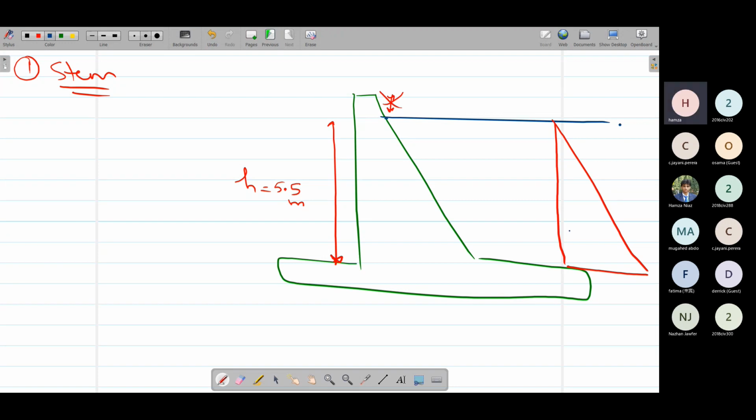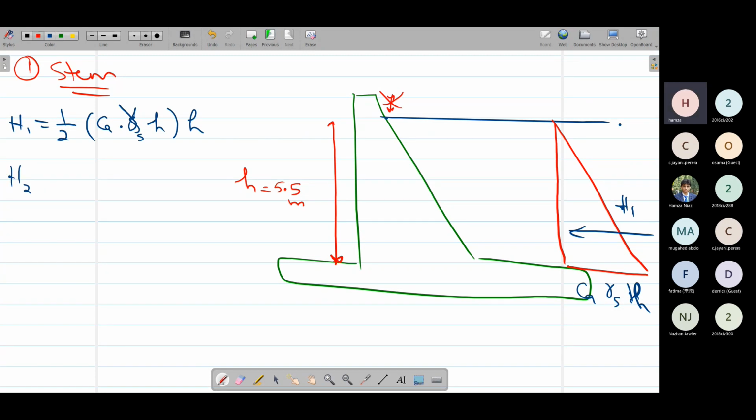Now what would this H1 force be? The H1 force would be half into base into height. The base is Ca into gamma S into H, where H is 5.5 meters. So half into base into height, that is half Ca gamma S H times H. In the same way we can calculate H2.